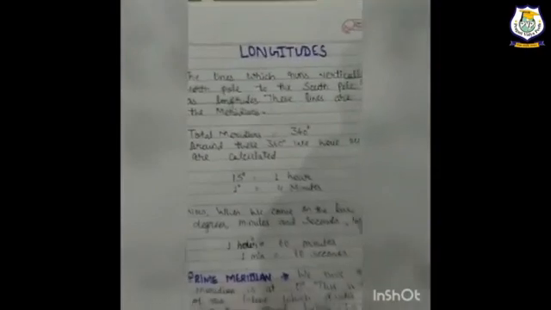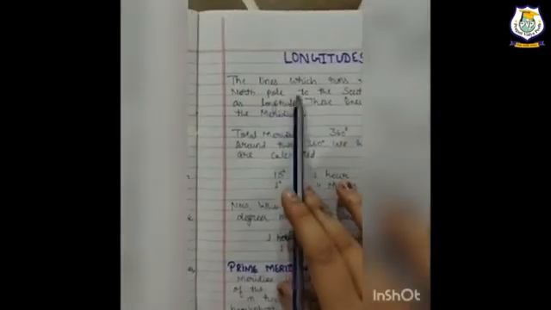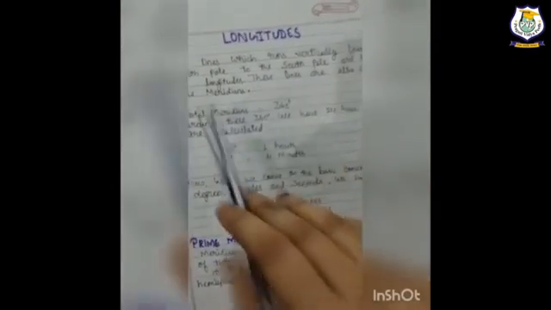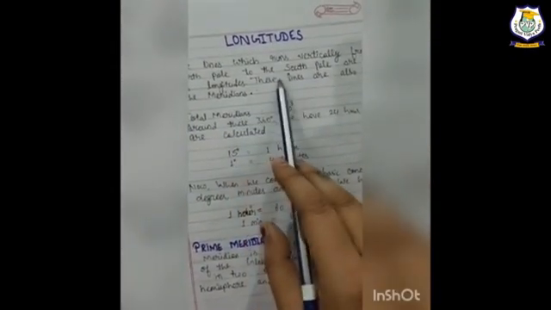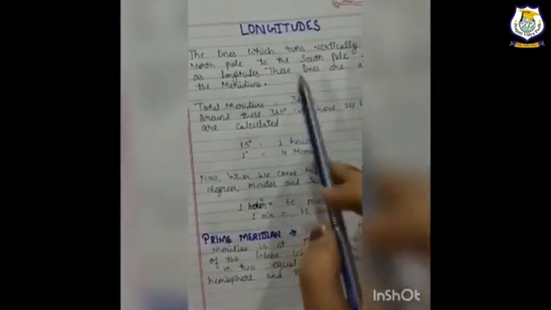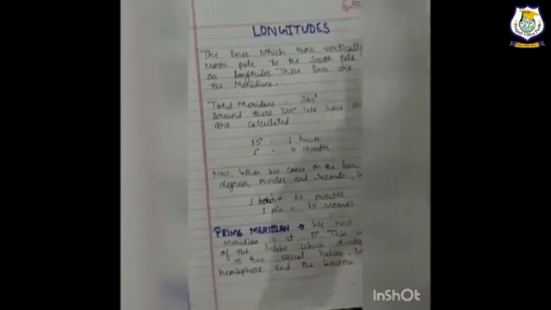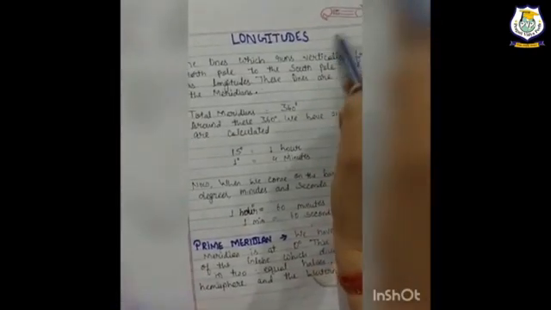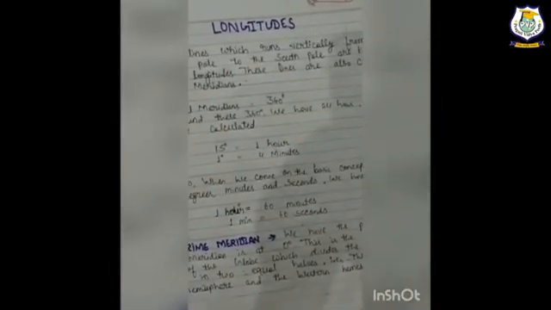Alright. So the lines which run vertically from the North Pole to the South Pole are known as longitudes. These lines are also called meridians. How many total meridians? Total meridians are 360, because the earth is spherical, and if it is a sphere, obviously we have 360 degrees and we have 1 degree each.